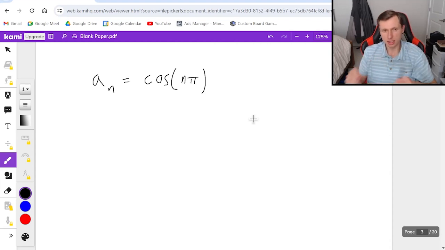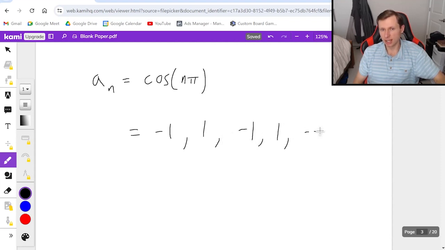And here is the solution. So as I was saying, if you list out the first few terms, when n equals 1, cosine of pi is negative 1. Next term is 2 pi, cosine of 2 pi is positive 1. Then 3 pi, which is negative 1, then positive 1. And as you can see, this pattern is going to continue forever.